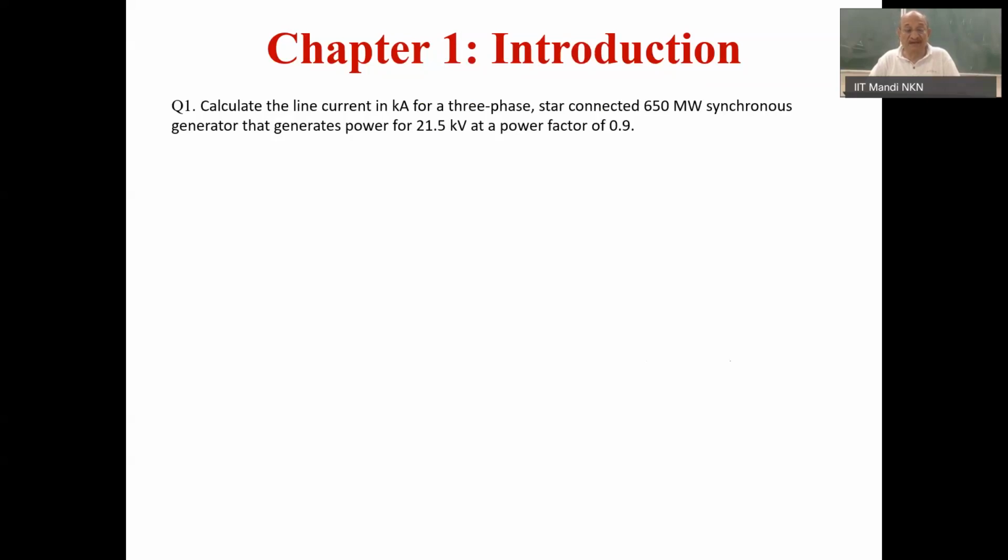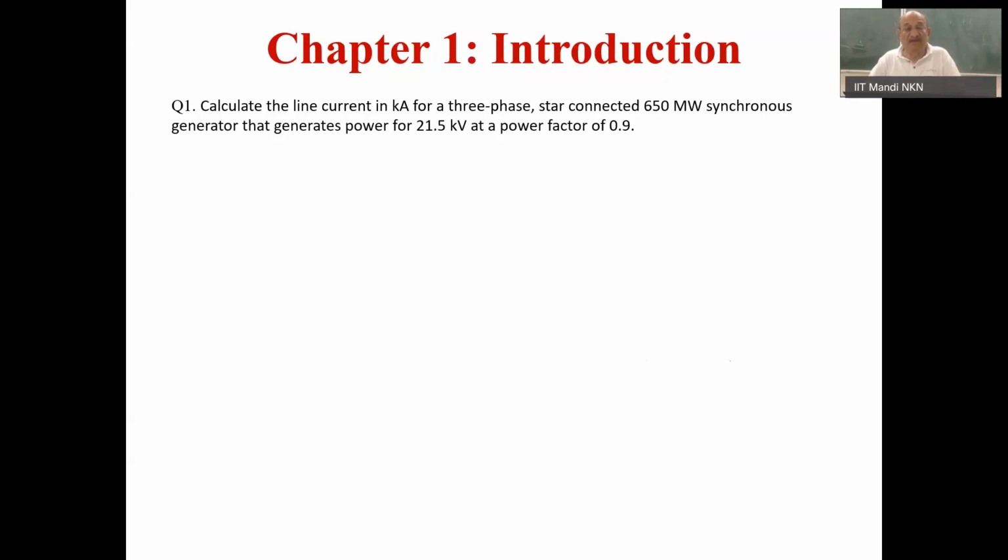And the generation voltage given here is 21.5 kV, and whenever in power system we refer to a rated voltage, it is always given line to line and RMS value.